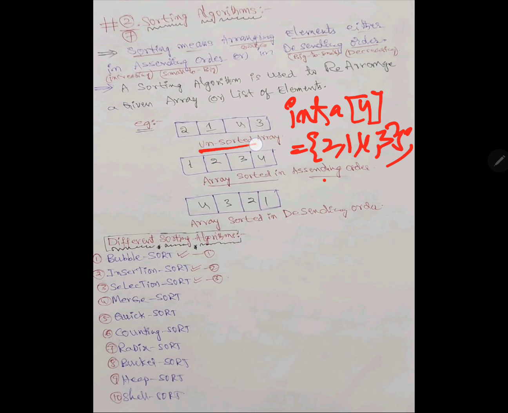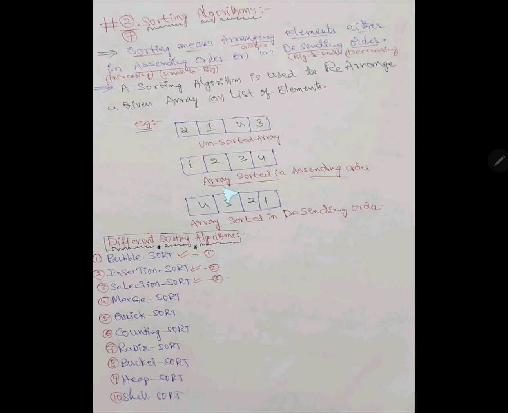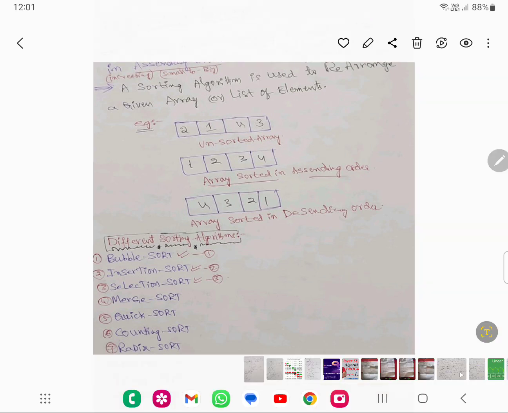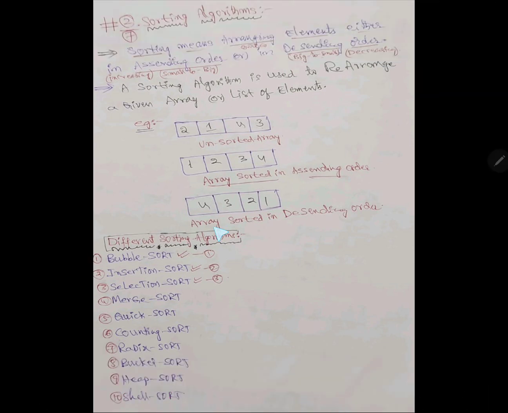So this is called an unsorted, unordered list. That will be sorted. Arrange, sorting in ascending order. Now we arrange it sorted in descending order, decreasing order: 4, 3, 2, 1.